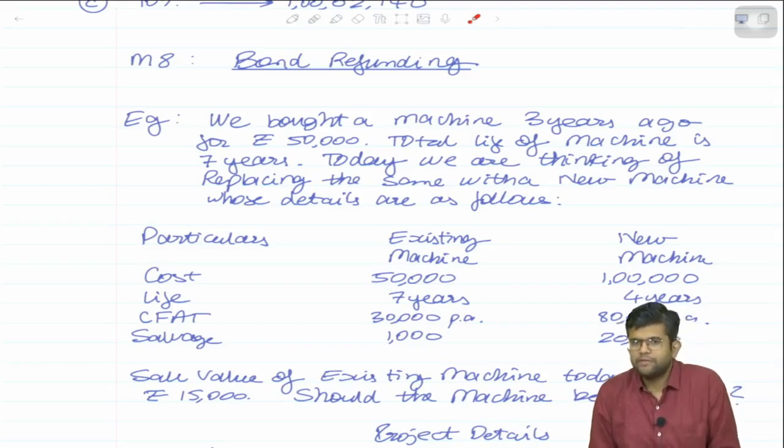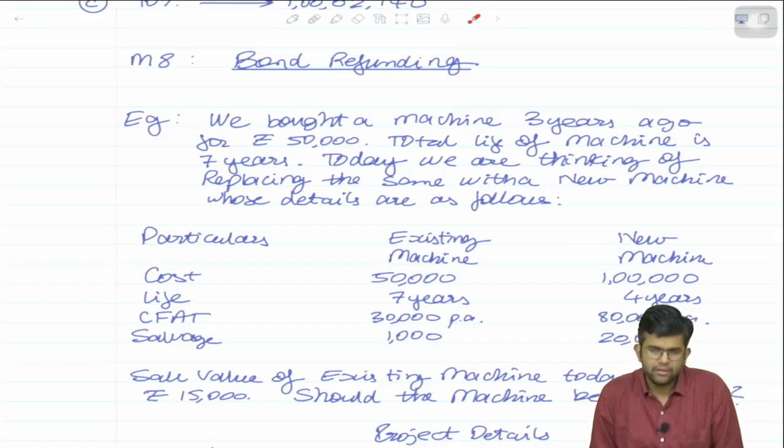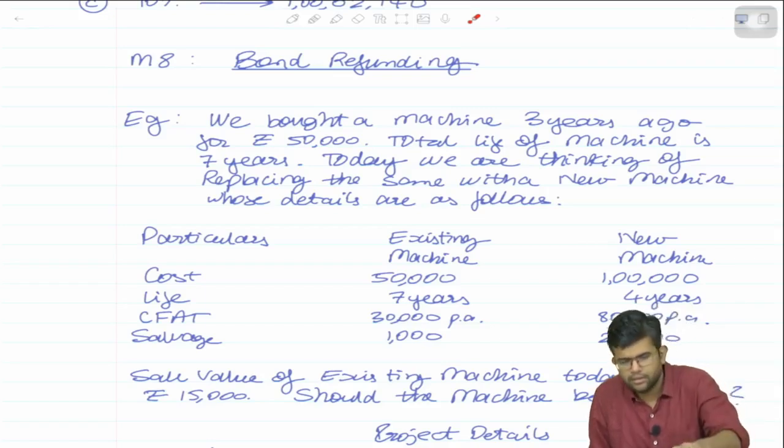What bond refunding was all about, I did not tell you, but I gave you one example connected to inter-CA capital budgeting. The name of the concept is replacement decision. For that, I gave you one example. Let us read it.